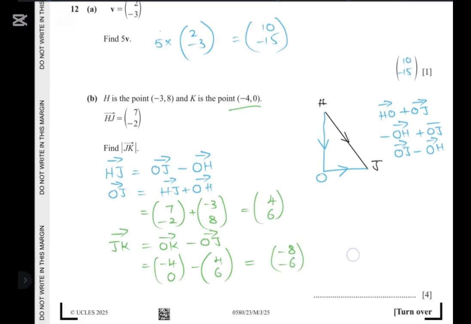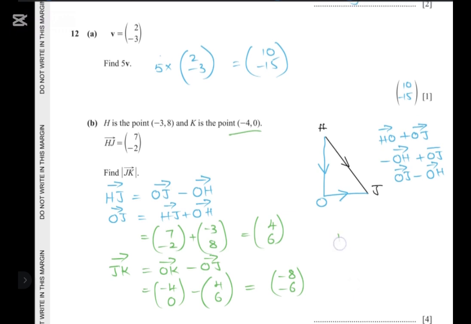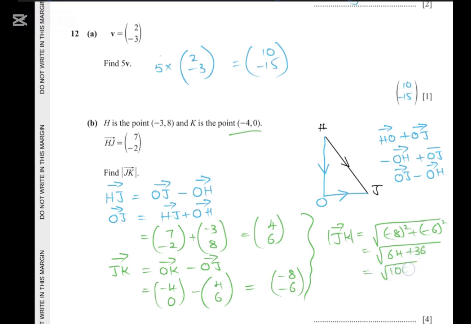So now find the magnitude of JK: square root of minus 8 whole squared plus minus 6 whole squared. This gives you square root of 64 plus 36, that is square root of 100, that is 10. So this is the answer, 10.